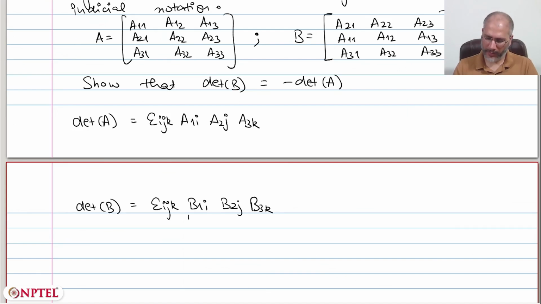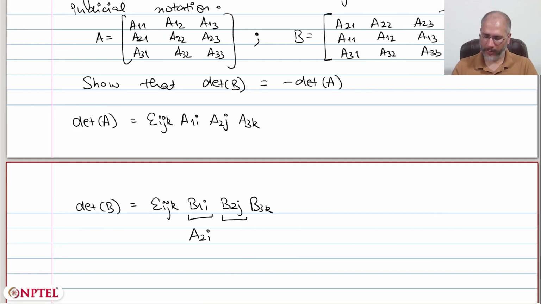Now the meaning of B1i is, if you put i equal to 1, you get B11, i equal to 2, you get B12, i equal to 3, you get B13. So this denotes the first row of B. Now we know that the first row of B is actually the second row of A. So this can be written as A2i.